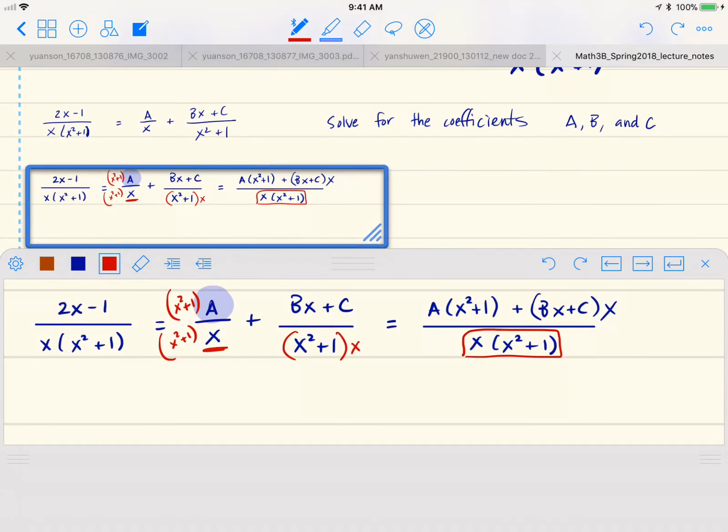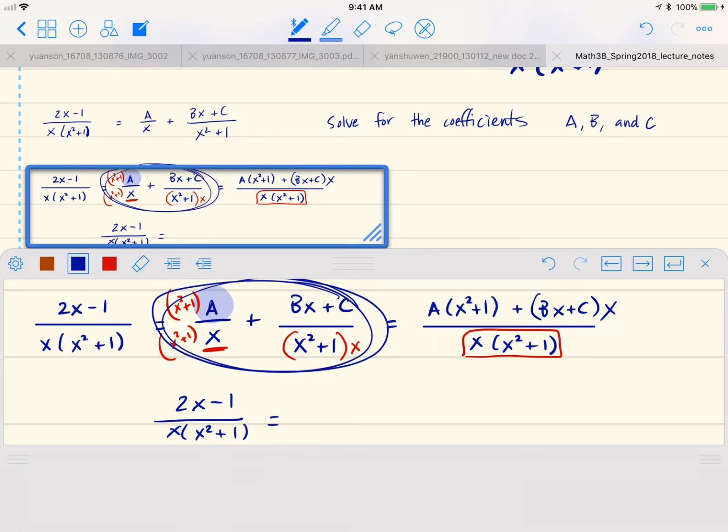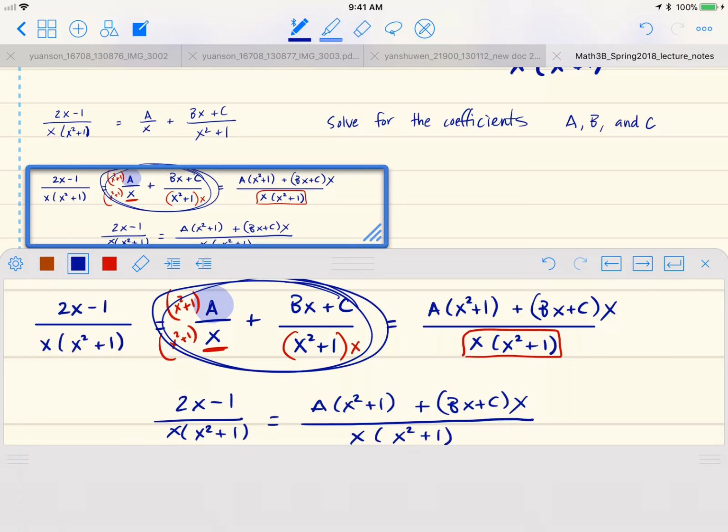All right. So now I essentially have the following equation. I have that 2x minus 1 over x times x squared plus 1 is equal to a times x squared plus 1 plus bx plus c times x over x times x squared plus 1.